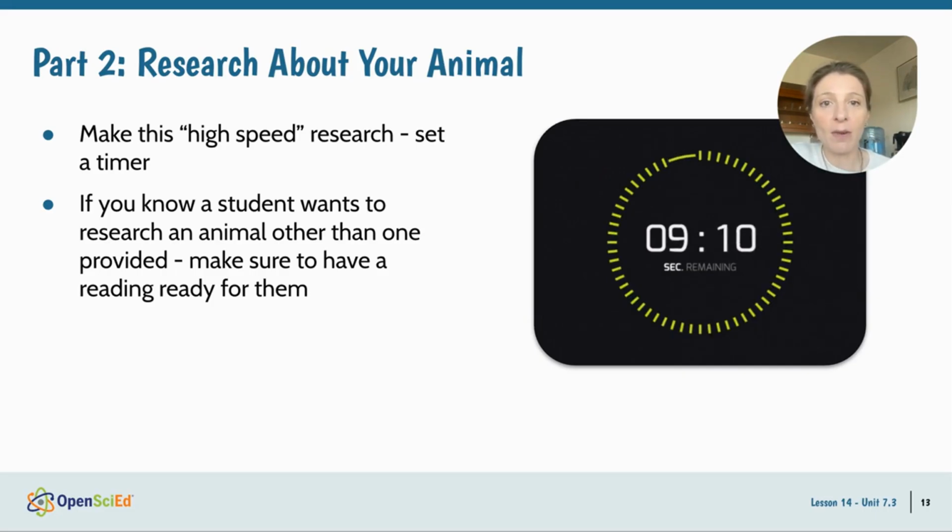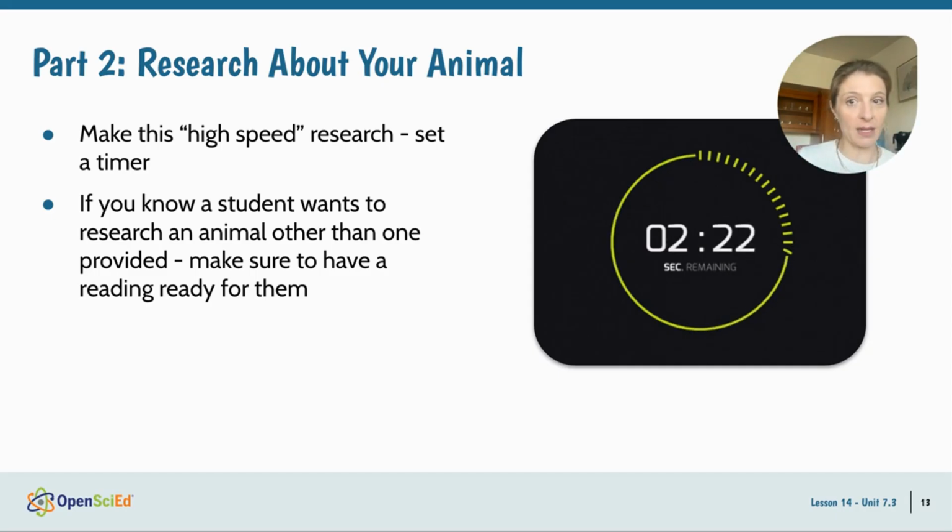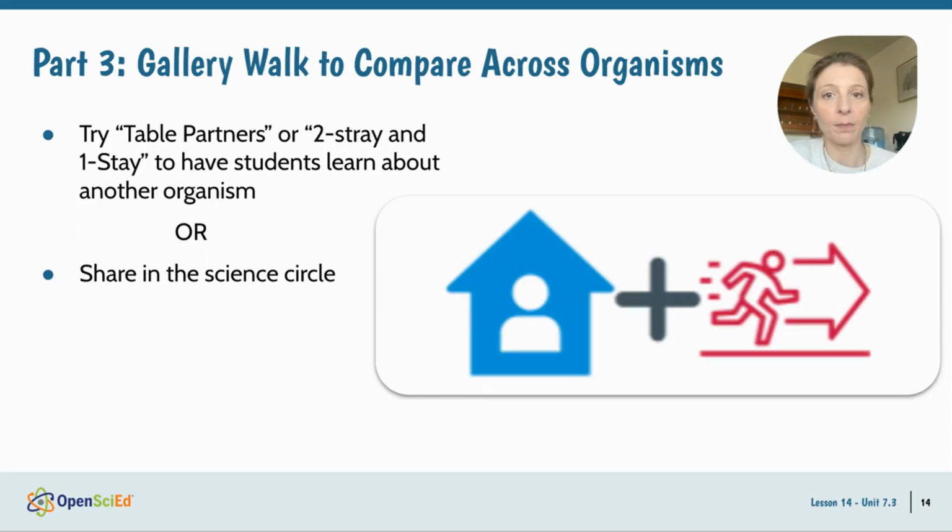Use the 7 provided readings to encourage a wide variety of investigations, including fish, crustaceans, insects, reptiles, and amphibians. If a student wants to research an animal that's not provided, be sure to have a pre-vetted reading ready for them to keep this lesson on track. In other words, if you know a student loves cats, have that cat reading ready before this day starts.